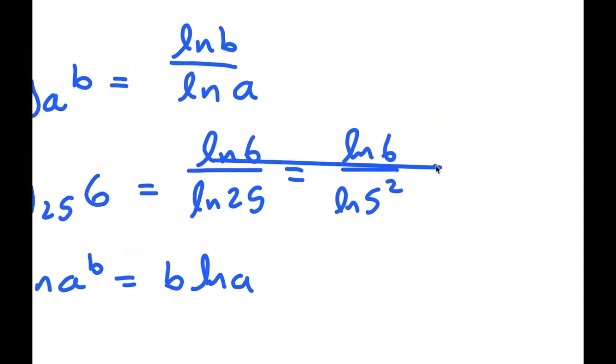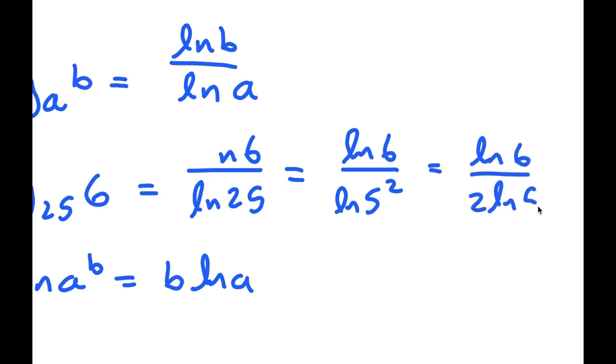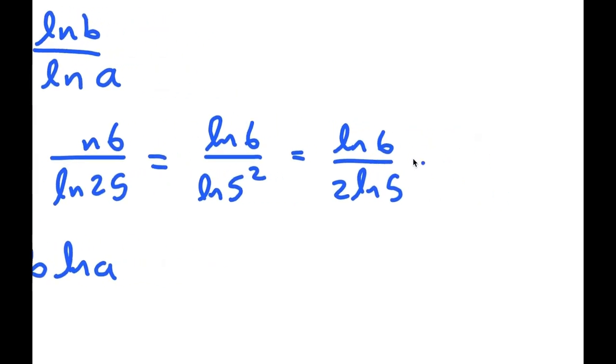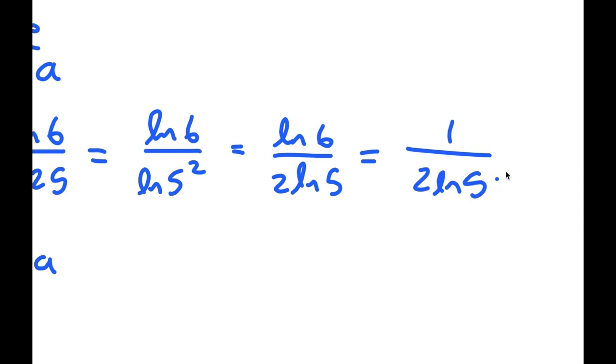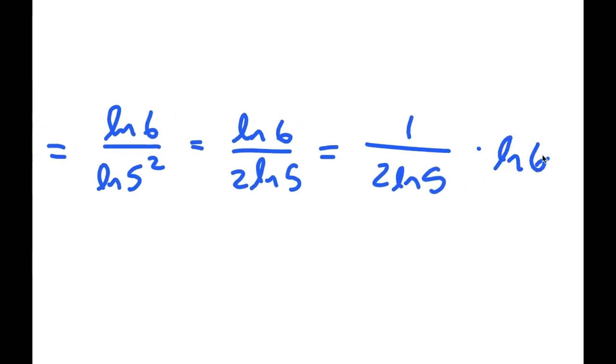So this is the same thing now as ln 6 over 2 times ln 5, which I'm actually going to rewrite as 1 over 2 times ln 5 times ln 6.